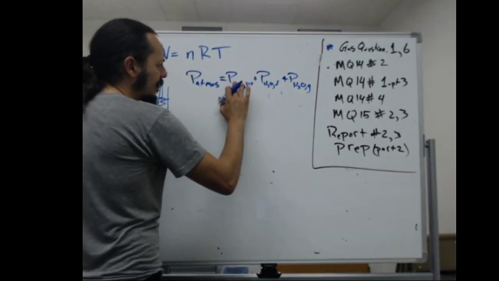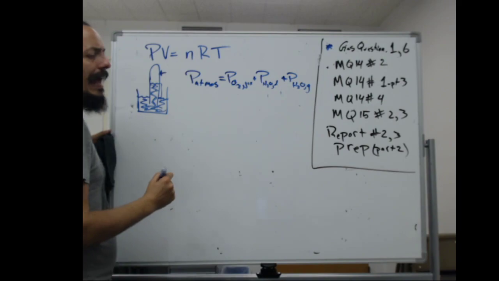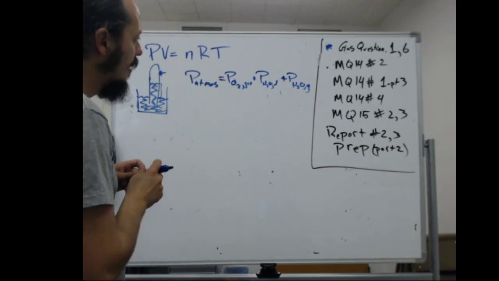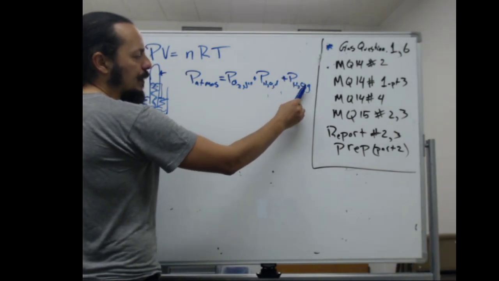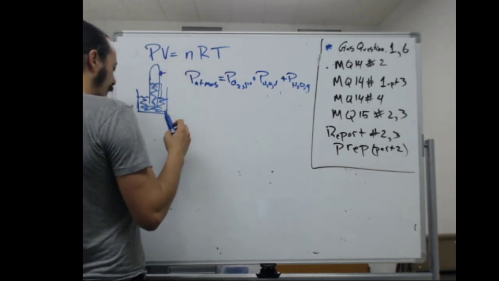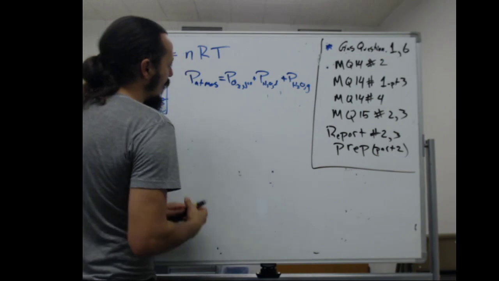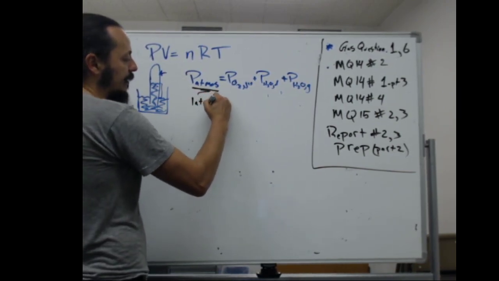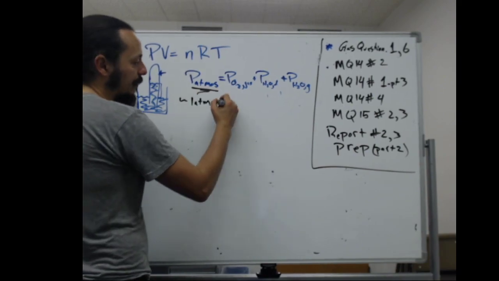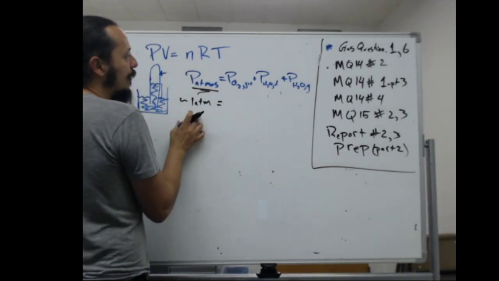Sorry, not H2. In this case, it's going to be O2 gas because we're doing a different reaction. But we're still going to have this hydrostatic pressure and this water vapor pressure. So the thing that becomes important is making sure that we assume the atmospheric pressure correctly as approximately 1 atmosphere, and then subtracting off the other 2 pressures.